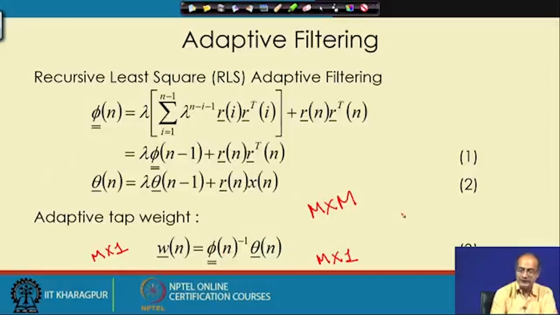The order of complexity is actually m cube, where m is the dimension of the matrix.